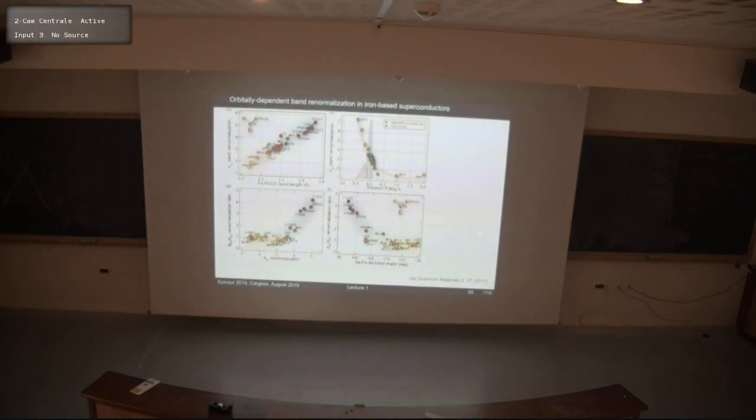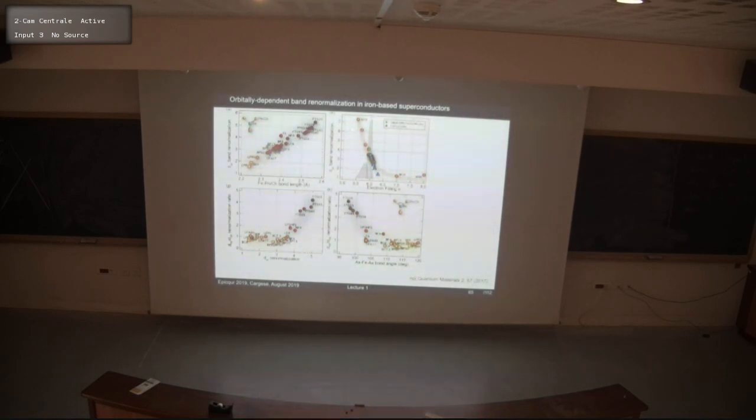And this is a graph with lots of details about the different band renormalizations extracted from iron-based superconductors in a review article. So again, the most important feature I want to emphasize is that this DXY band renormalization increases significantly with hole doping, being a factor of 7 in the potassium case.